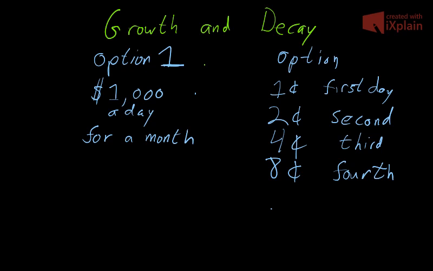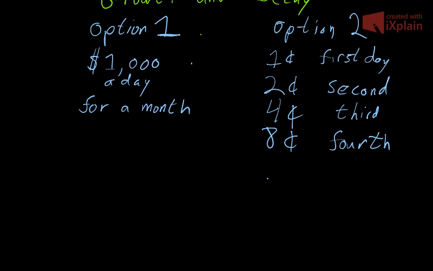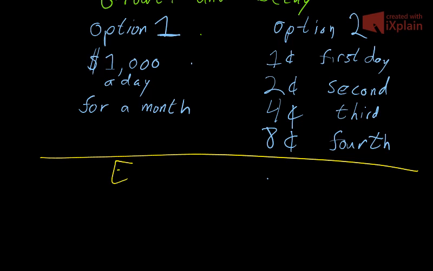I want you to think for a second, which would you rather have? Option one, where you get $1,000 every day for a month, or option two, where you get 1 cent, then 2 cents, then 4, then 8 for a month. We already said at the end of a month, we would end up with $1,000 a day for each of the 30 days of the month.